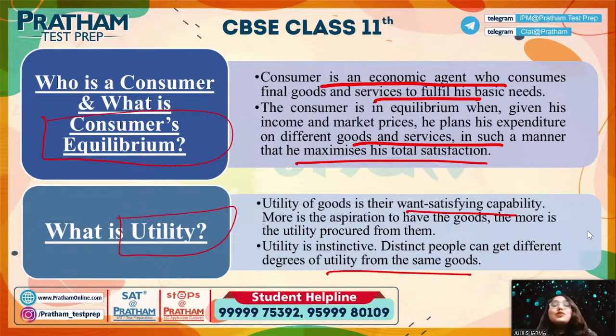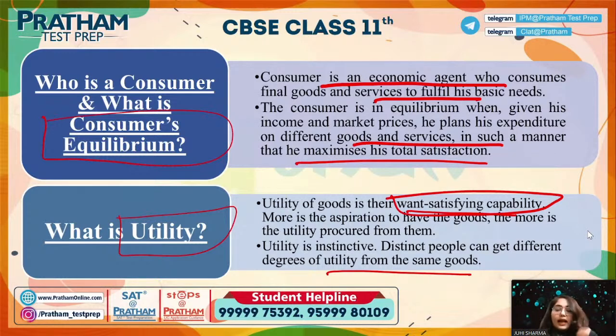So who is a consumer? Any economic agent who consumes the final goods and services to fulfill their basic needs is a consumer. What is utility? Utility is the want satisfying power, or the want satisfying capability, and it varies from person to person. Utility is very distinctive, it differs from one person to another. So I hope you understand what a consumer is and what utility is now, right?